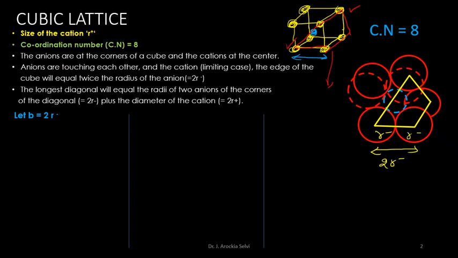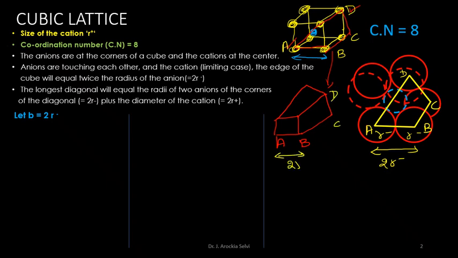So for calculation purposes, you take that and you have this arrangement. Okay. So this is A, this is B. Let us label here: this is A, B, C and D. Similarly here it is A, B, C and D. So this is the edge we have seen, this is 2r minus.